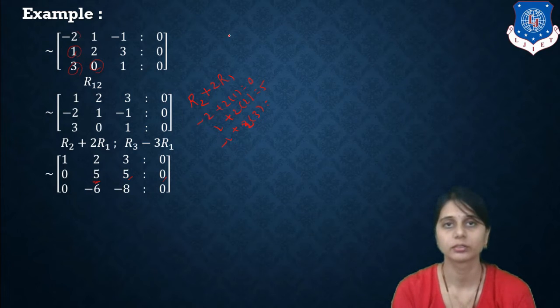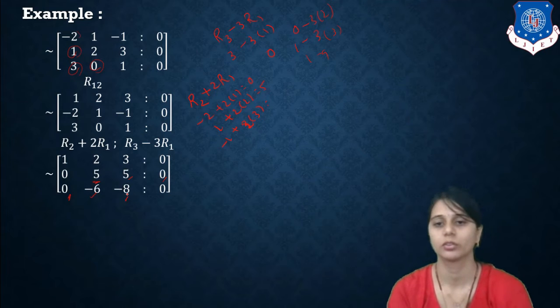For R3 minus 3R1: R3 is 3 minus 3 into 1, so it is 0. Second value, 0 minus 3 into 2, so we get minus 6. Third value is 1, 1 minus 3 into 3, so it is 1 minus 9. We get minus 8.